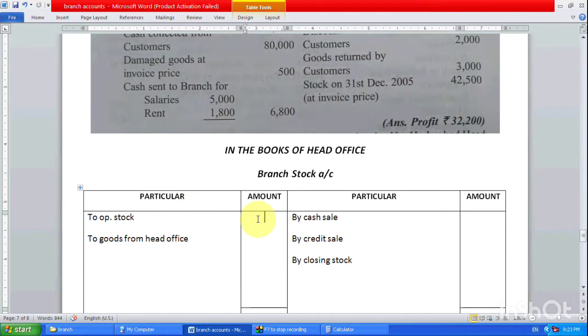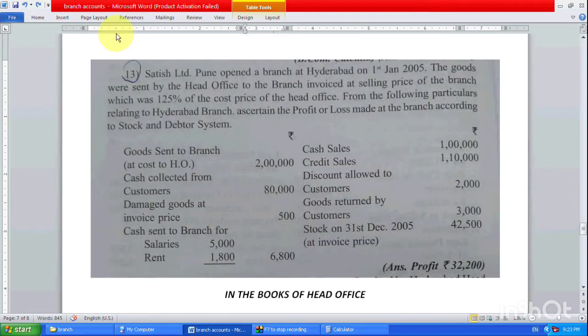There is no opening stock given, so go directly with goods from head office, 2 lakh.